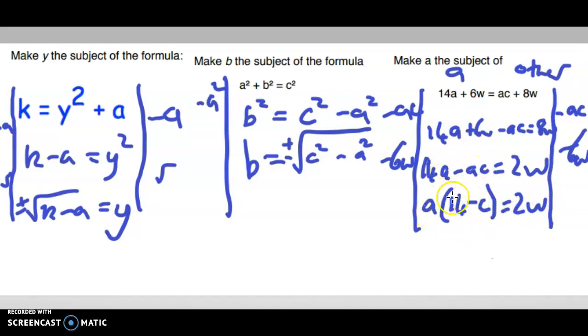That's the trick. This is as hard as they get. They might put in a little bit more confusing terms, but in essence, the hardest that they get is bringing all your stuff to one side, then factorizing out the thing you want to make the subject, and then dividing by that factor. So a equals 2w over 14 minus c.